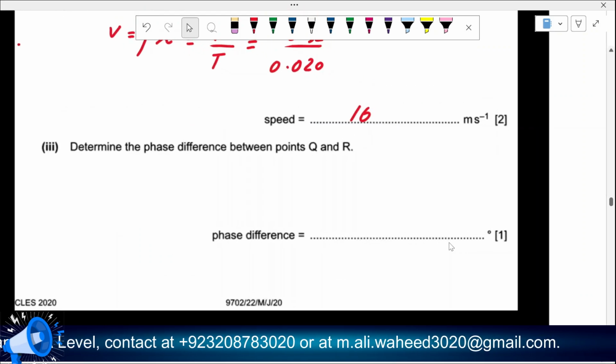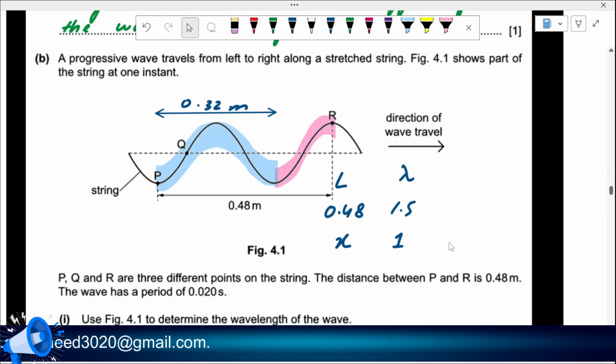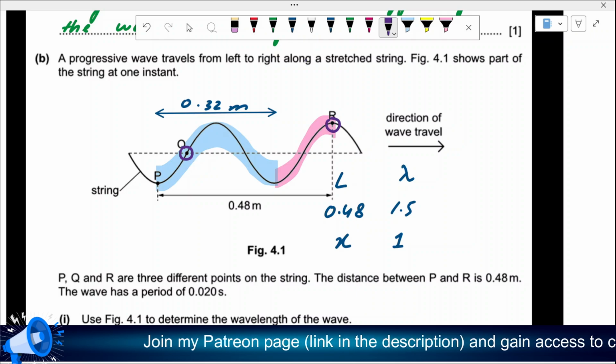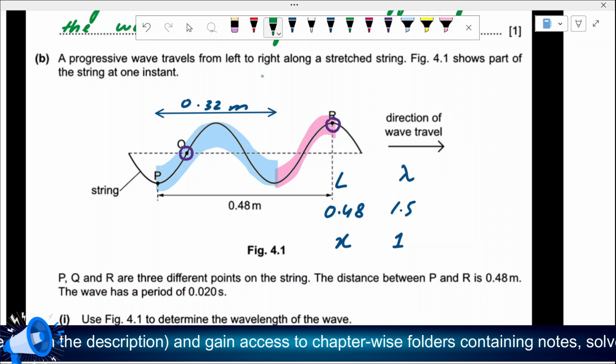All right, then the next one is determine the phase difference between the points Q and R. This is point Q and this is point R. We need to find the phase difference between these two points.